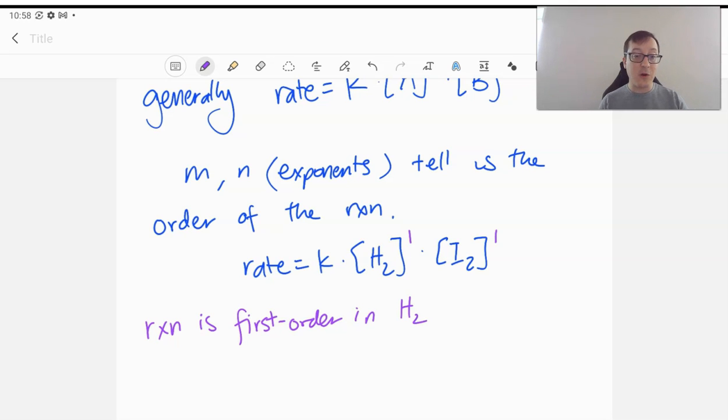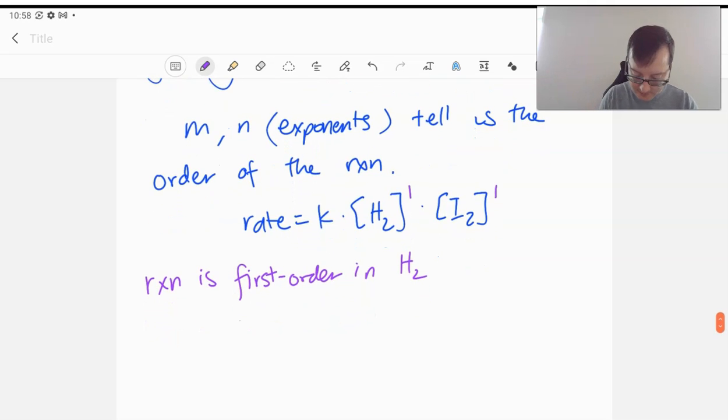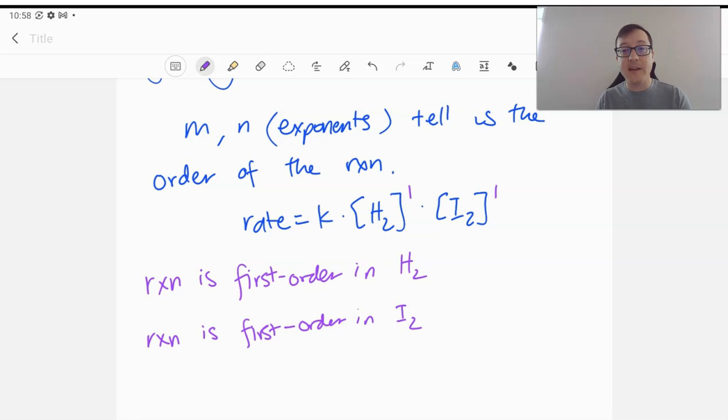So it's going to obey what are called first order kinetics when we look at hydrogen. That's something we'll talk about in our next video. We'll also say that the reaction is first order in iodine, because iodine's concentration exponent is 1. So we have order in respect to each reactant, and in this case they're both first order with respect to each reactant.